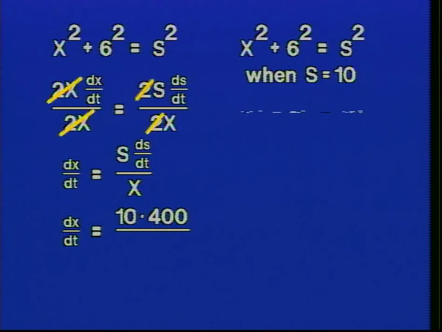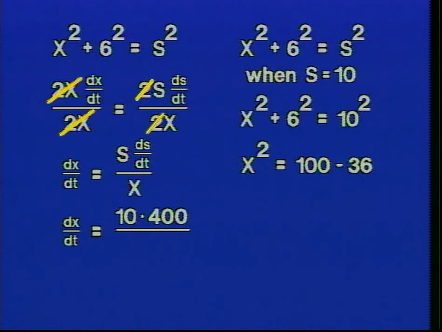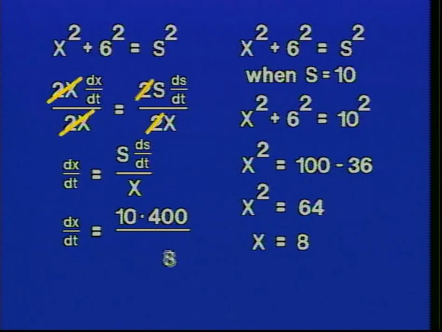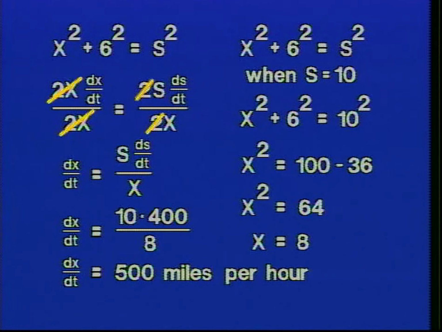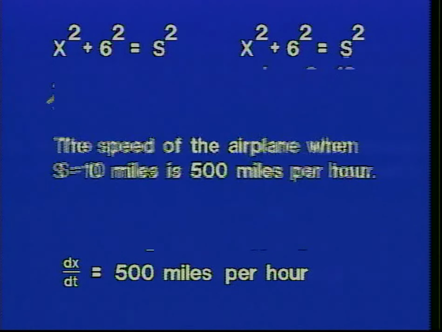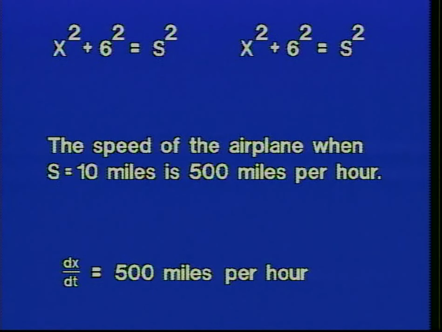When s is 10, then we would have 10 squared on the right. So we'll have 100 minus 36, so x squared is 64, and x then is 8. And we just pop that x of 8 into our equation, and we'll solve for dx/dt. dx/dt is 500, and that's 500 miles per hour. So the speed of the airplane when s is 10 miles is 500 miles per hour.